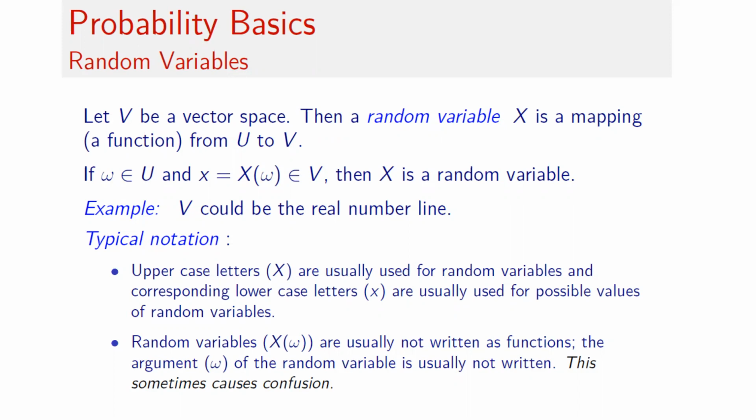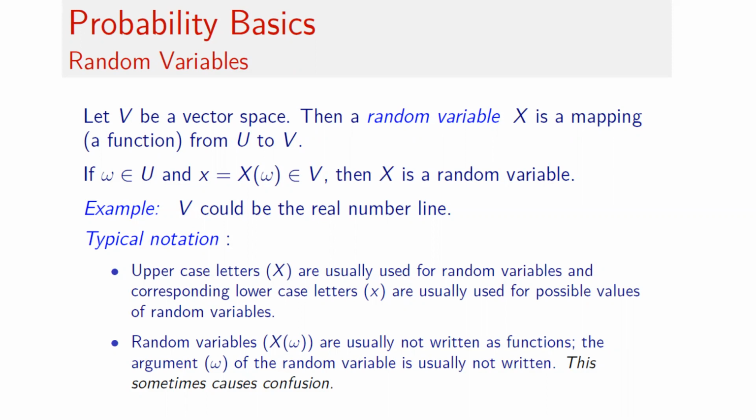Okay, so one example is that capital V could be the real number line. And also, we have typical notation, as we said before in the previous slide. Uppercase letters, for example capital X, are usually used for random variables.